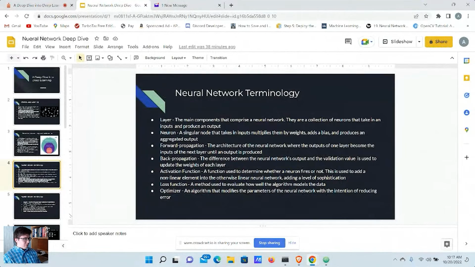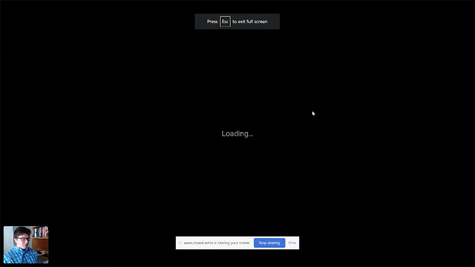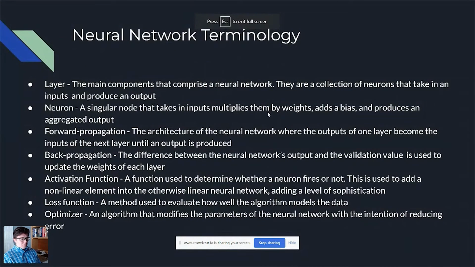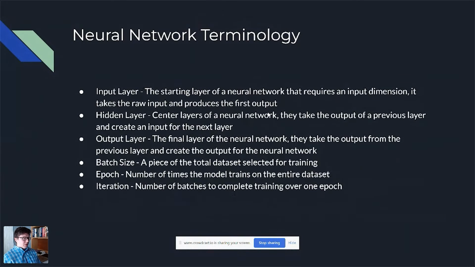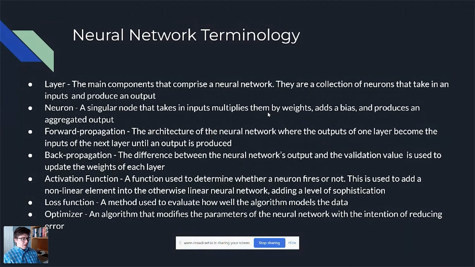Yep. If we have no questions, it's time to really get into the meat of this. So these two slides consist of all the terminology that is very important for neural networks, and I will be consistently using these terms, and you'll see these pop up, especially in the code as well.